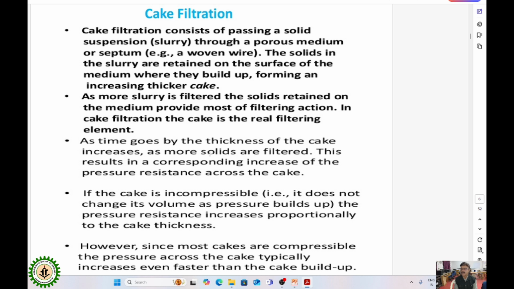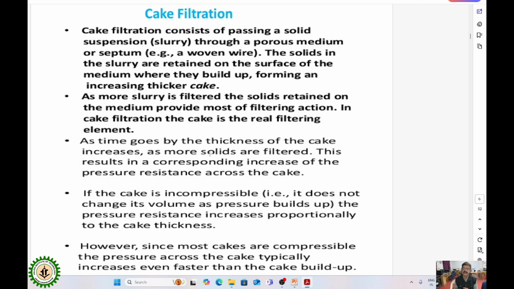So the deposited solid, which is in the form of cake, will additionally play the role of a separating media, isn't it? So that's why it is required to provide more and more delta P. Otherwise, that resistance cannot be overcome.